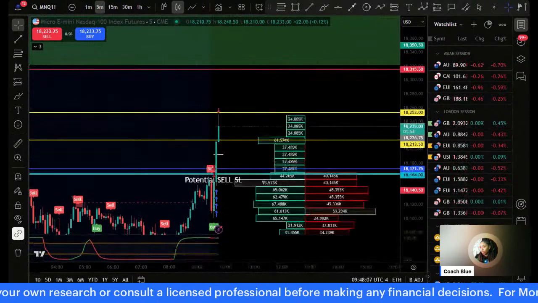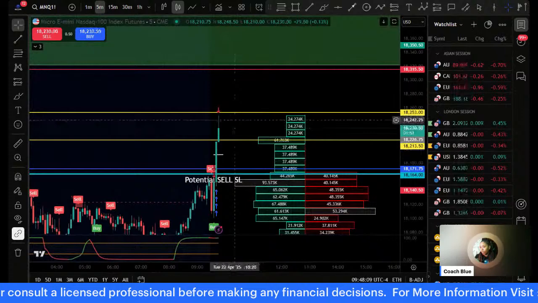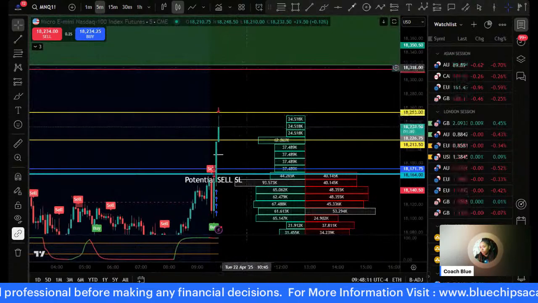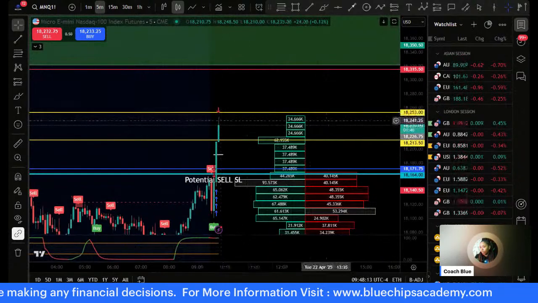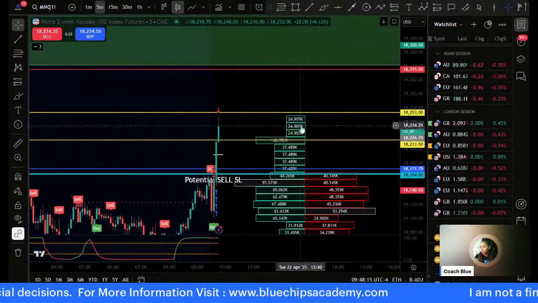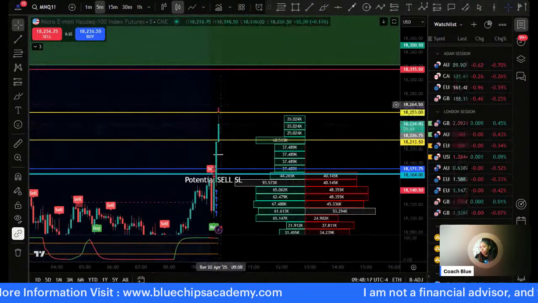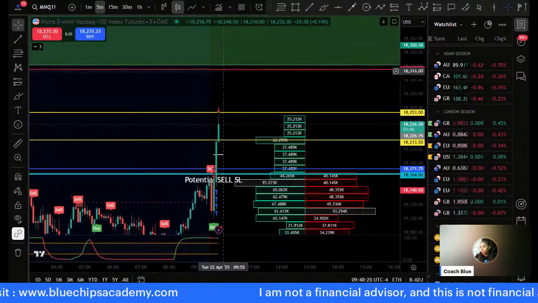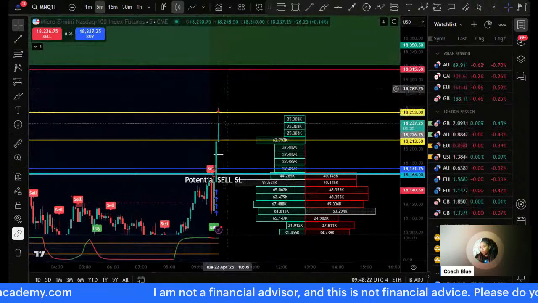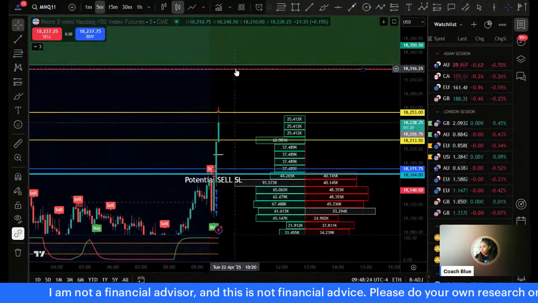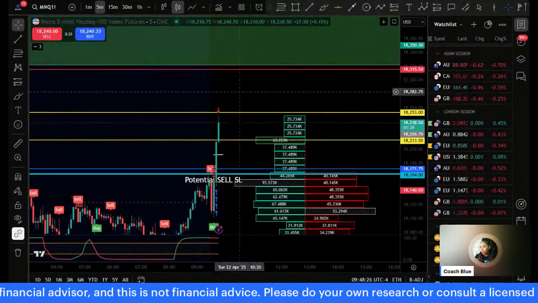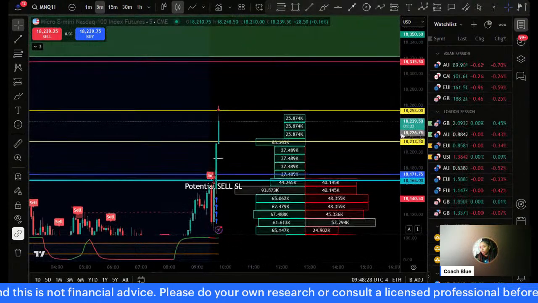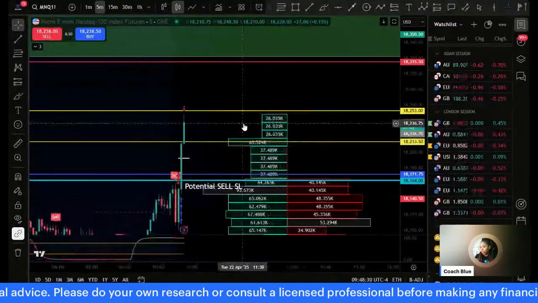So if you want to take your profit now, you can. There is a chance that price could break here because I don't see any sellers really coming in right now. But again, I'm expecting some pushback at this level.